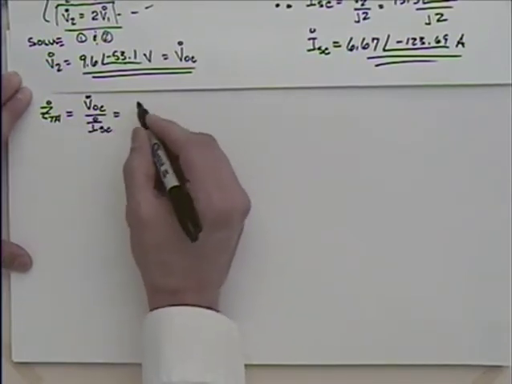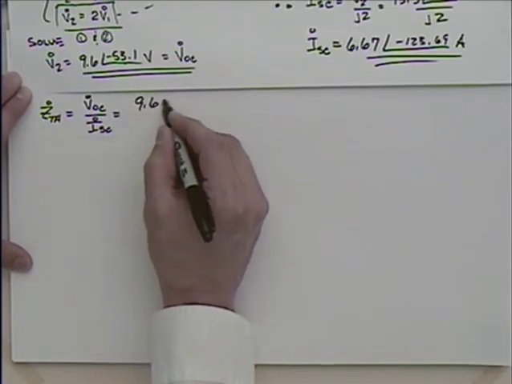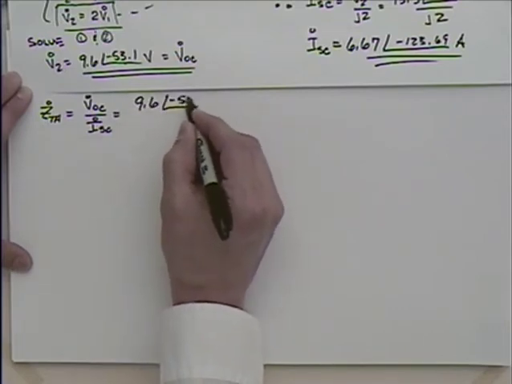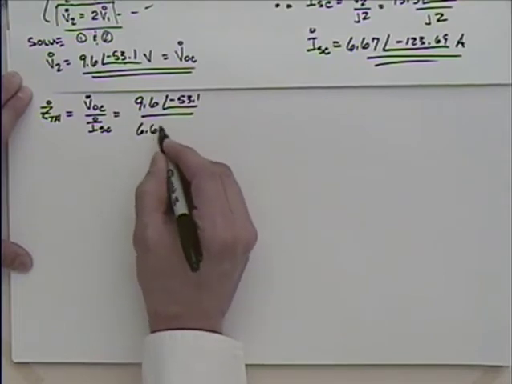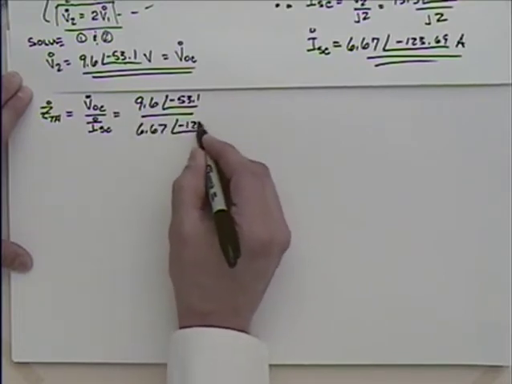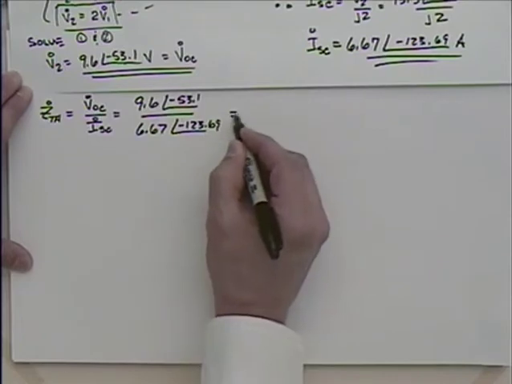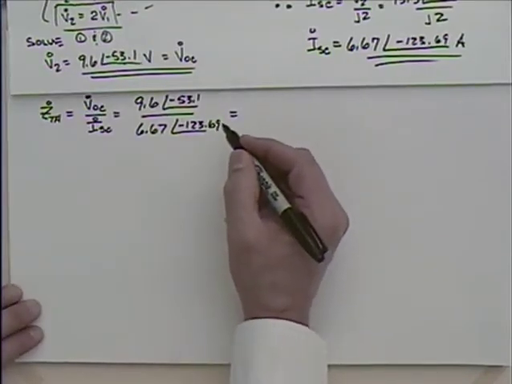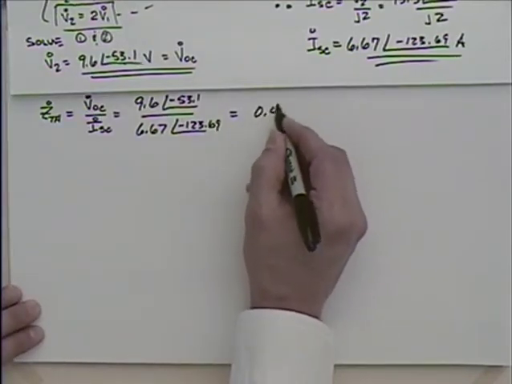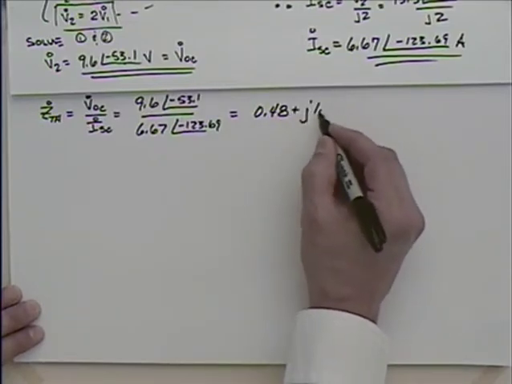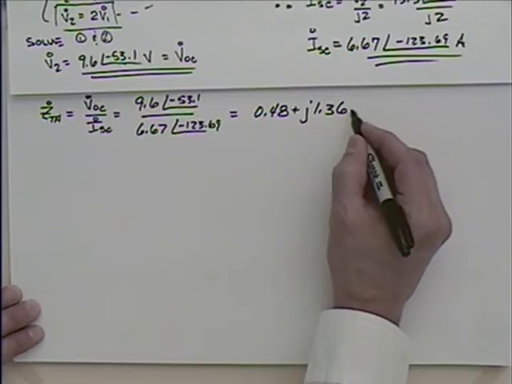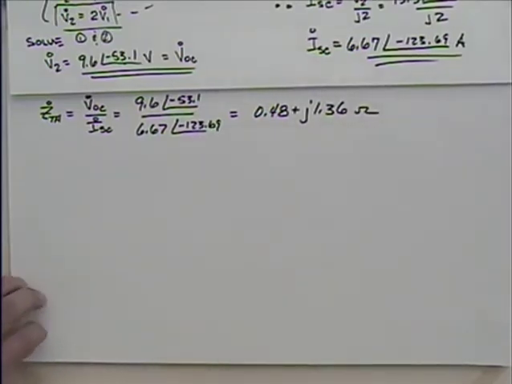So we've got the open circuit 9.6 at minus 53.1, and we have then the short circuit at 6.67 at minus 123.69. So this turns out to be equal to 0.48 plus J 1.36 ohms. Okay.